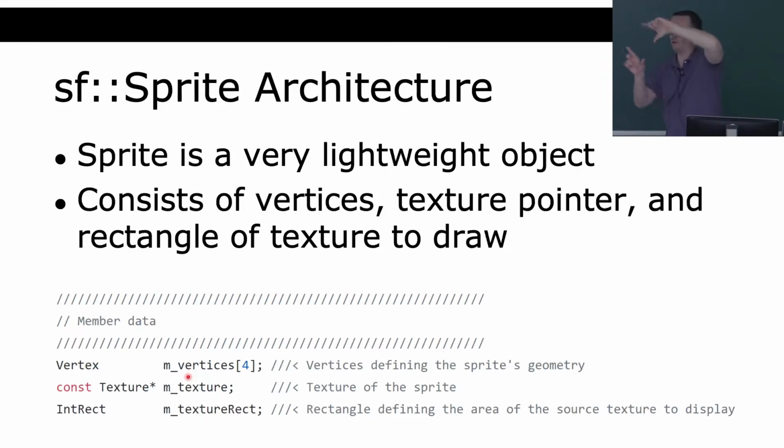We could rotate it, zoom in on it, scale it, and so these vertices are what is sent to the graphics card to say we are going to be drawing this subrectangle of this texture to these 4 vertices. And then the graphics card will figure out how to do that for you.